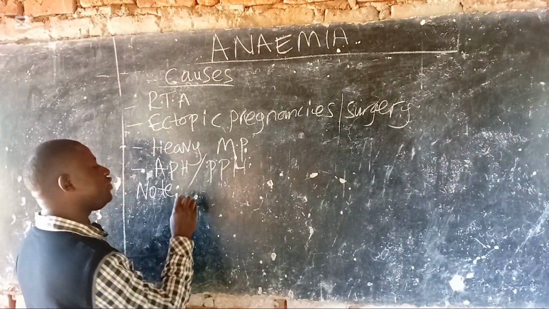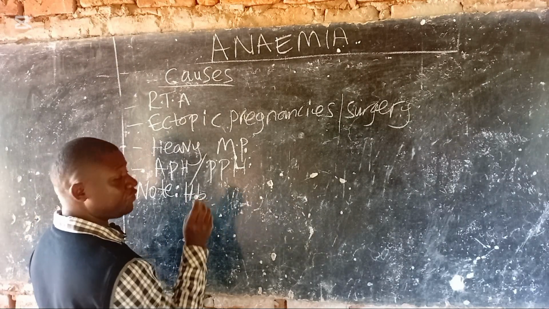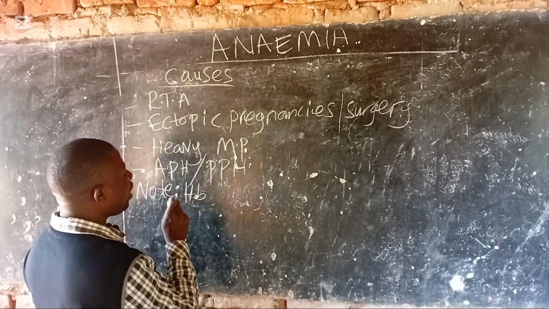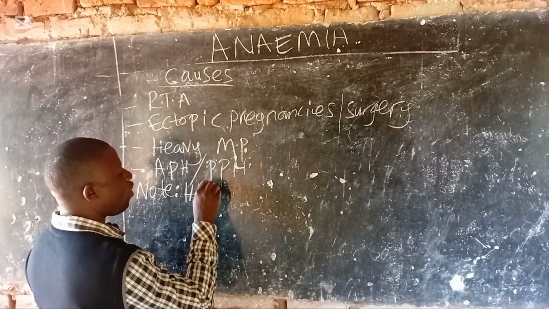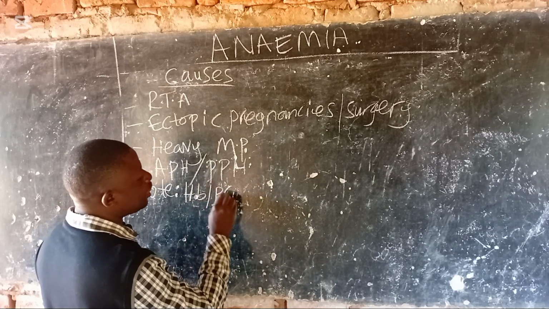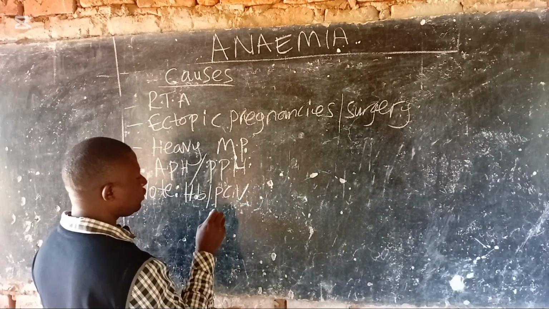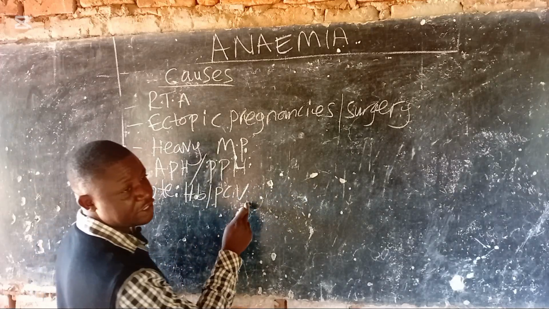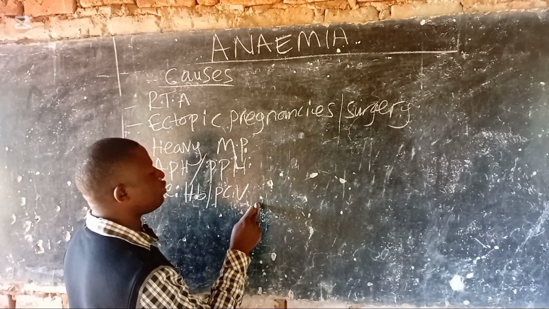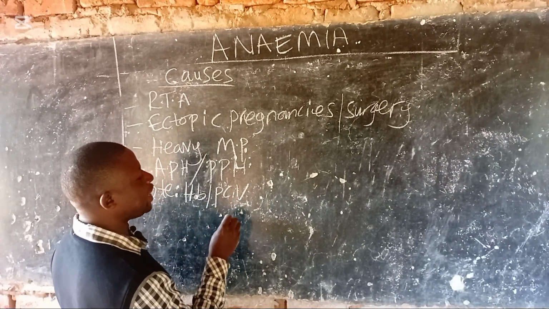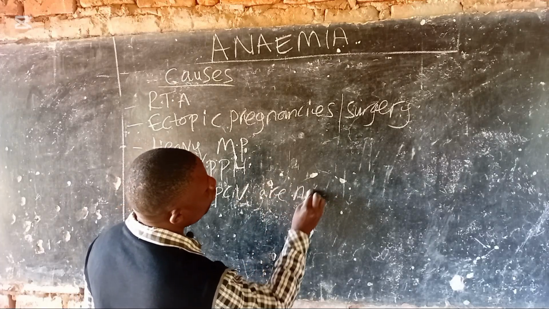You'll find that if you do an HB quantification test, if you want to see the amount of hemoglobin in this patient, or you check for the PCV, packed cell volume test, you'll find that they are normal.